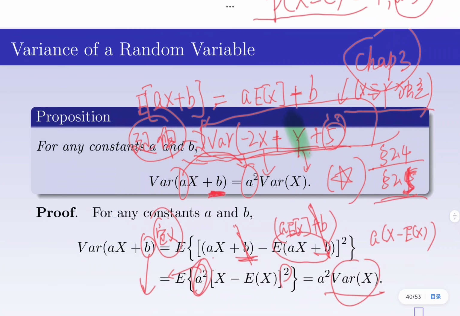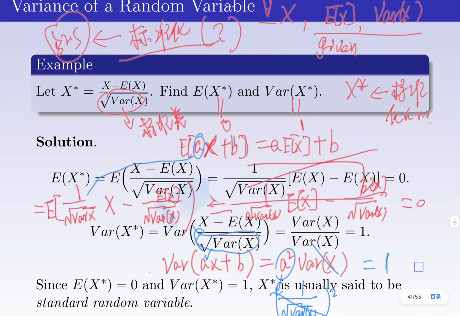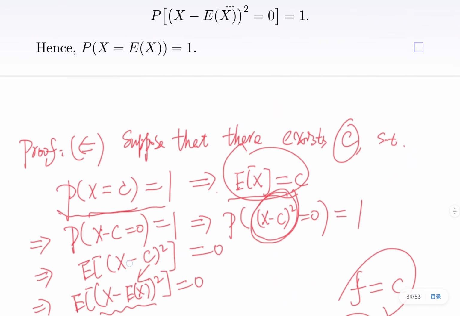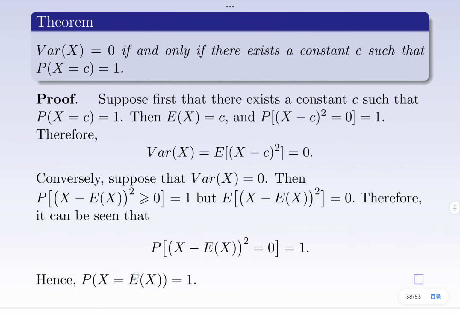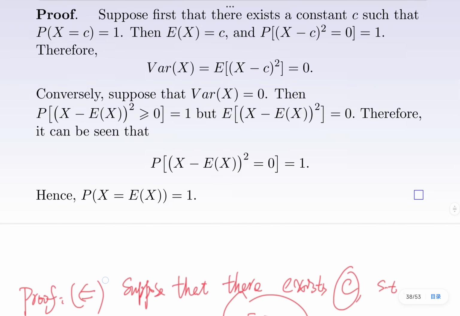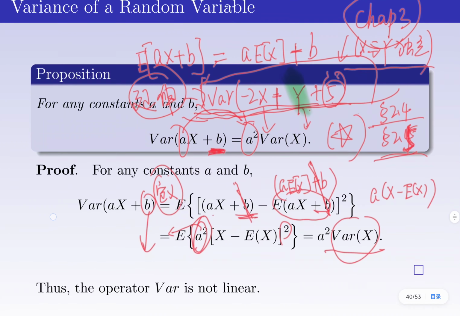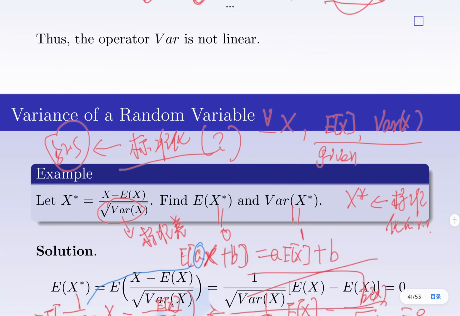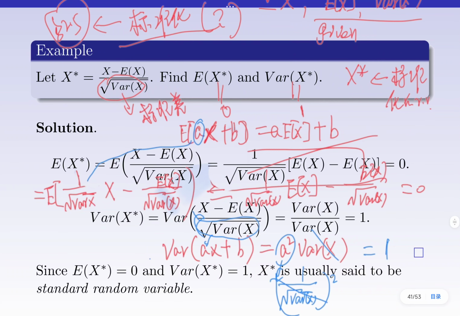There are several things to try to remember. These are just several improvements. That is the variable. Finally, this is just a similar operation. They are not linear. Okay, this is very important.